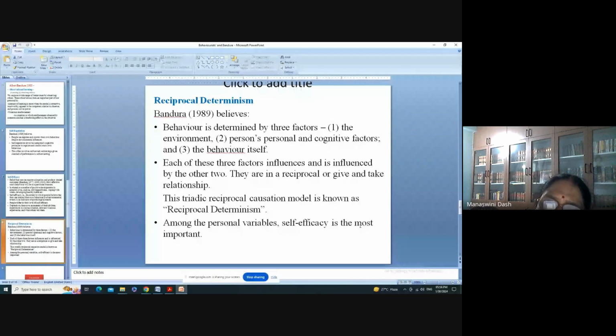So you influenced the environment by your behavior, and the environment also can influence your behavior. Suppose somebody scolds you, why are you singing in the class? Then you will stop singing. So each one is in a give and take relationship with the other.